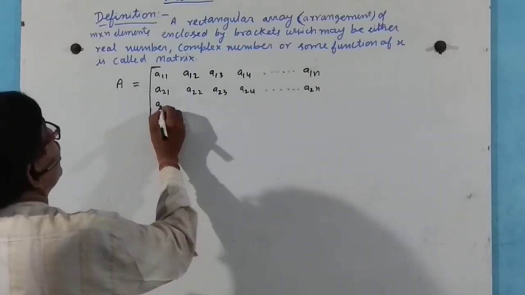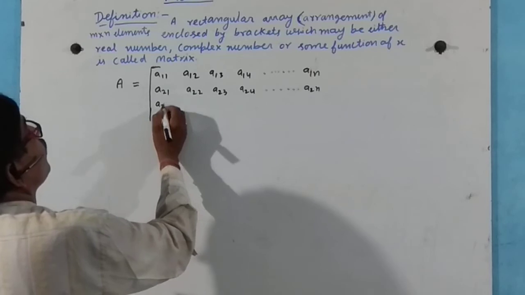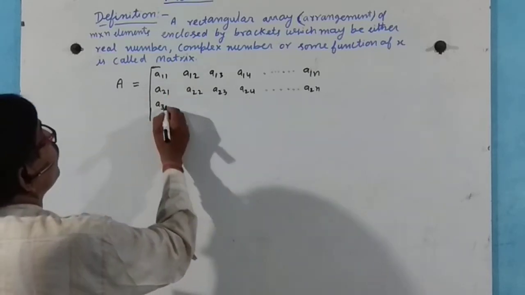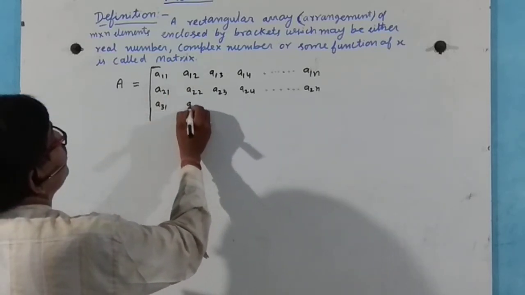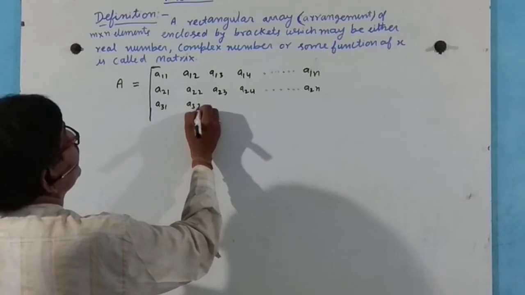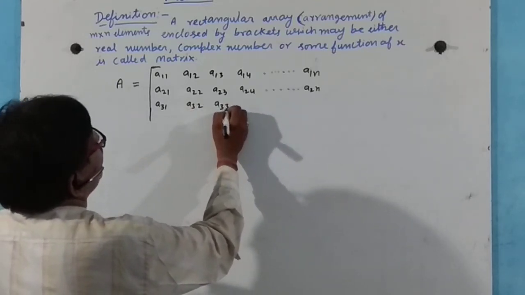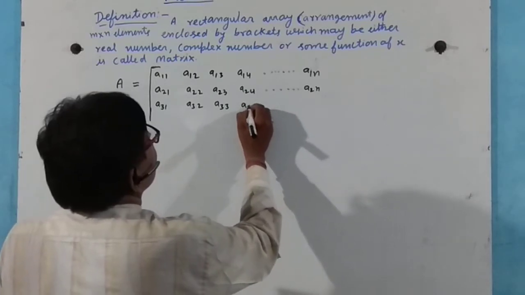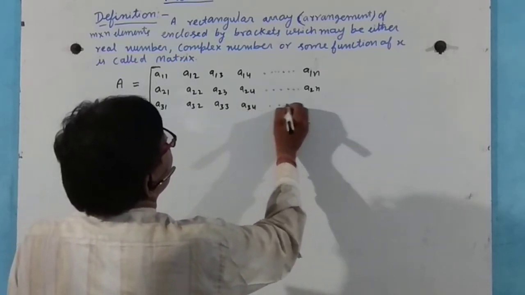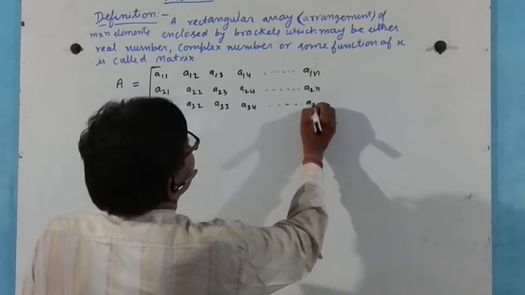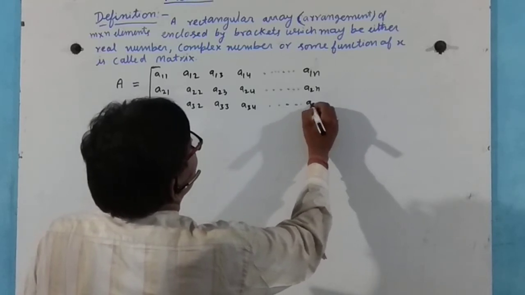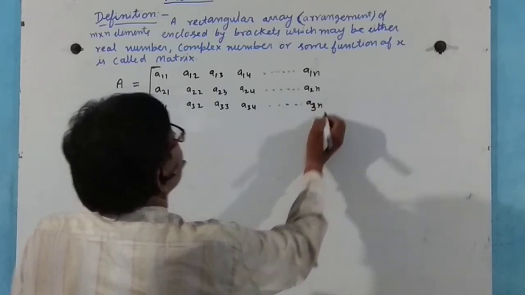Now third row: first column, third row second column, third row third column, third row fourth column, third row n column.